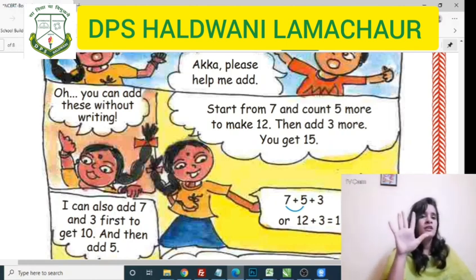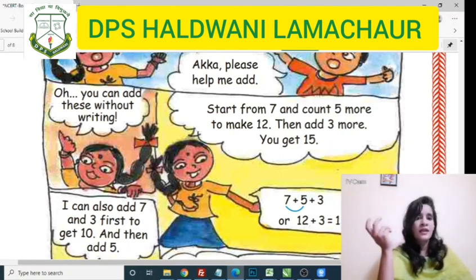So, for this you can open your fingers. 7, 8, 9, 10, 11, 12. So, the answer is 12 plus. Now, after 12, 3 more is there. So, again you can open 3 fingers. 12, 13, 14, 15. So, the answer is 15.